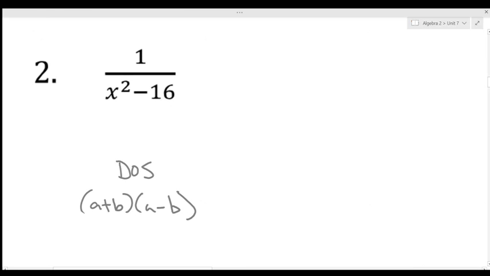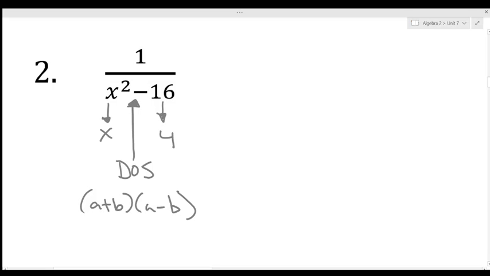Okay, for number 2, we have 1 over x squared minus 16. Well, first things first, I know x squared is a perfect square, and I know 16 is a perfect square, and there's a minus sign in between. So that means we're going to be using difference of squares. x squared is the perfect square of x. 16 is the perfect square of 4. There's a minus sign. That's what you need for the difference of squares.